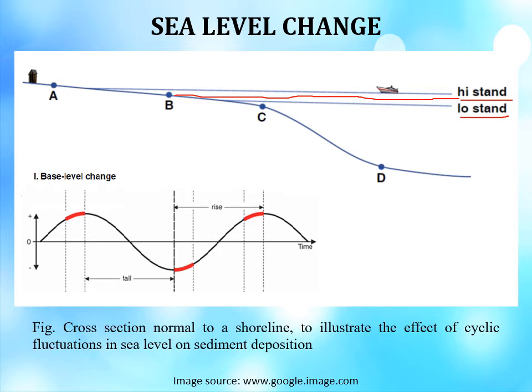Now if we consider an xy graph, a binary plot, this horizontal line indicates my present day sea level, the upper part indicating the positive side and the lower part indicating the negative side of sea level changes. Basically this y-axis indicates your sea level changes.